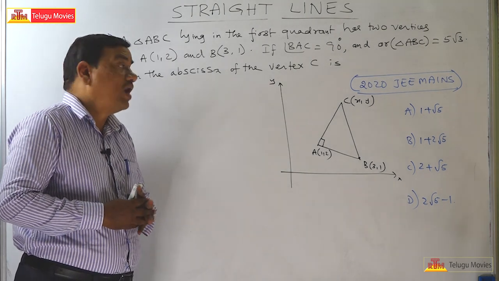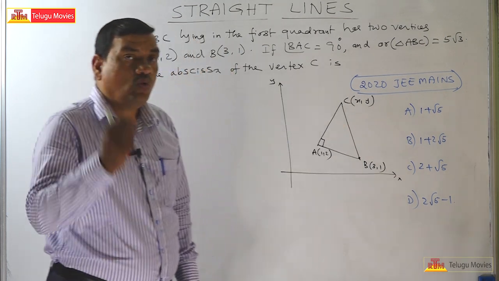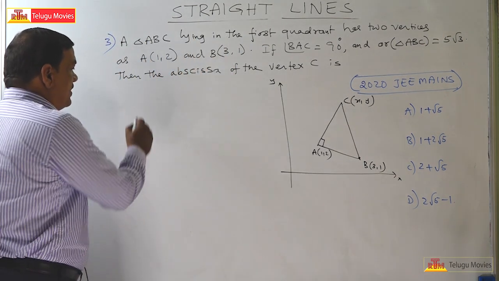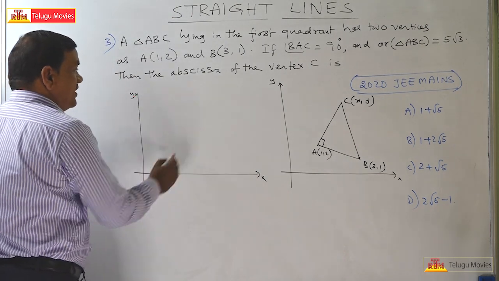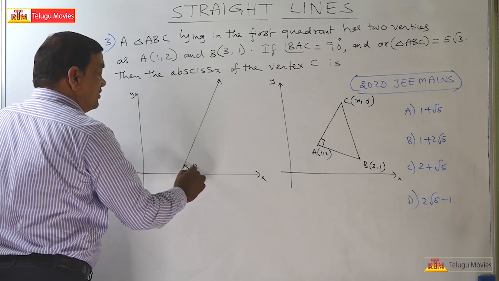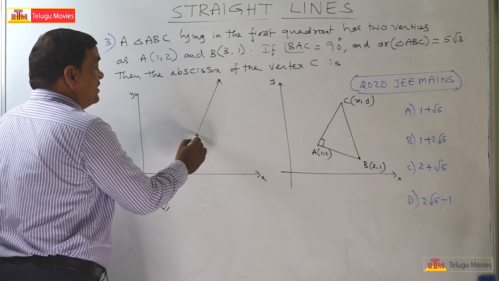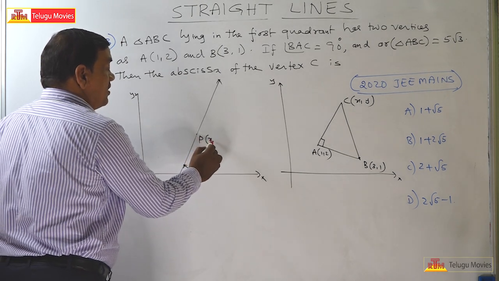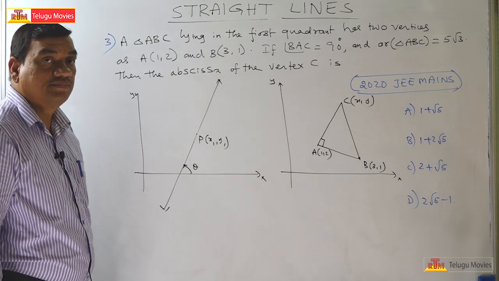If you want to find out the coordinates of x and y, we have a property, which I am explaining here. This is the x-axis and this is y. There is a line making an angle theta with the x-axis in the positive direction. There is a point P, some x1 comma y1, lying on the line.